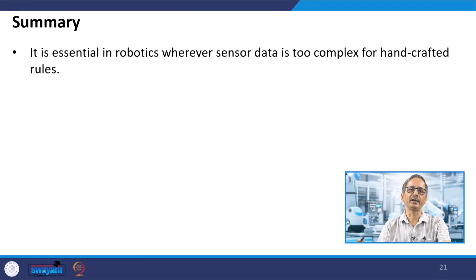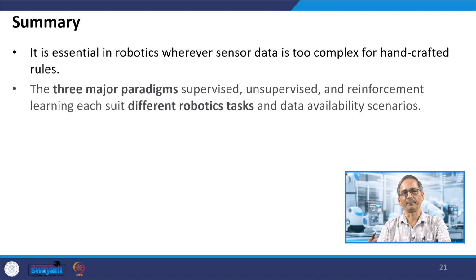To summarize, machine learning is essential in robotics wherever sensor data is too complex for handcrafted rules. There we definitely want to go for machine learning, whether it's picking of an object by a manipulator or the motion of a mobile robot. The three paradigms we have seen are supervised, unsupervised, and reinforcement learning, and we can apply them based on what type of data is available.